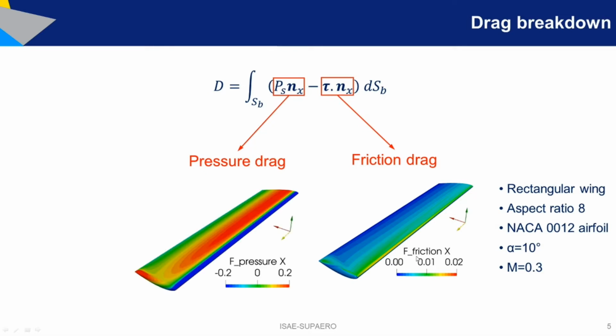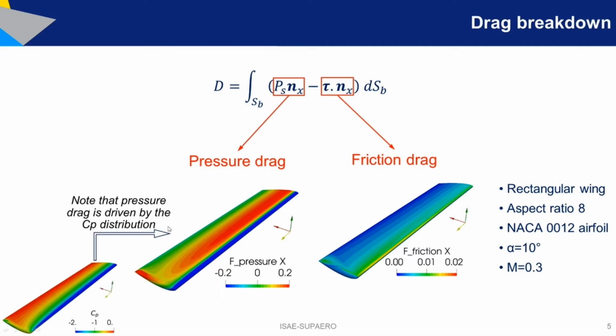Regarding the pressure drag, this is what you get when you evaluate this term at each point of the surface. As you can see, this term of pressure drag is basically linked to the pressure coefficient distribution. So it's easier to visualize the pressure coefficient distribution and then try to understand.